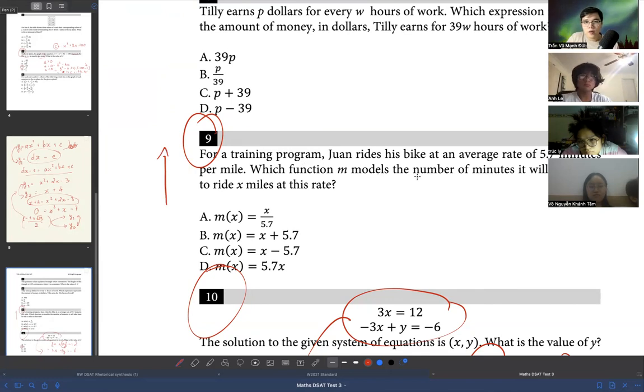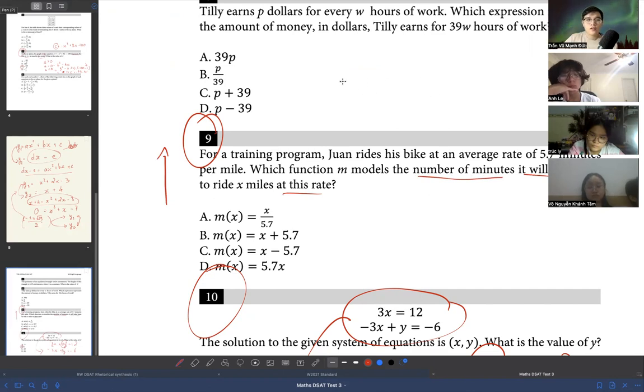So I'm going to follow my mantra of reading from the bottom up. Which function models the number of minutes it will take one to ride x miles at this rate? I don't have any context right now, so I would assume I need to read the rest. Read the top. For a training program, one rides his bike at an average rate of 5.7 minutes per mile. All right, this is 5.7 minutes per mile.